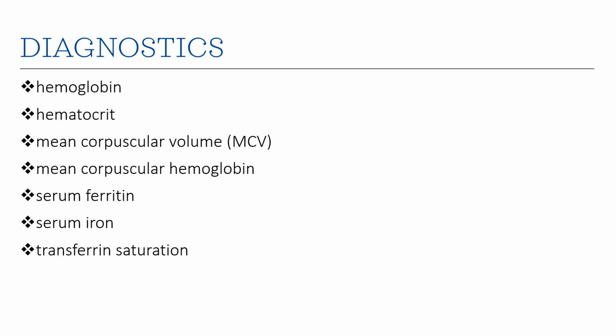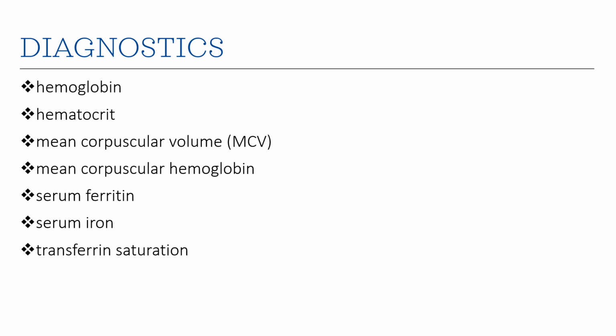MCV is really looking at the mean cell volume. It's measured in relation to the average volume of a red blood cell. So as you can imagine, when we have iron deficiency anemia, the synthesis of those red blood cells would be low, so therefore your volume will be low, indicating that your MCV would be low.